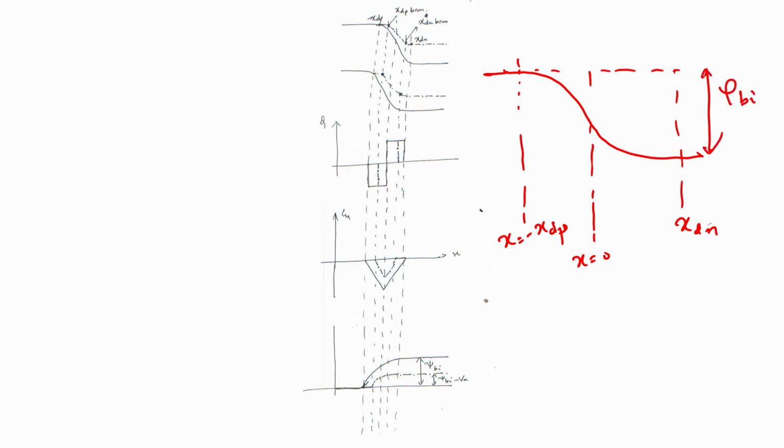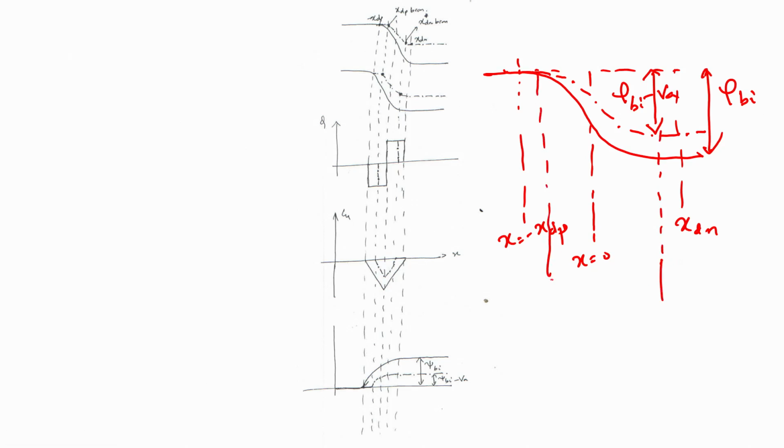Now, when we shift it out of equilibrium, the band bending changes a little. You firstly make the bands a little bit more shallow, because the built-in potential will now become phi bi minus Va. So in forward bias the band bending will be a little shallower and the depletion region is only going to extend from here to here.